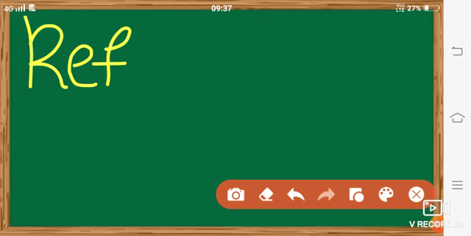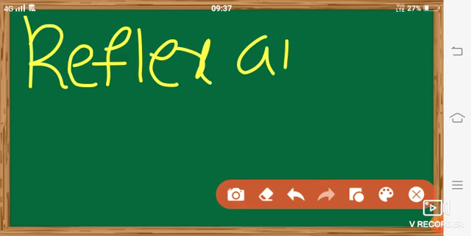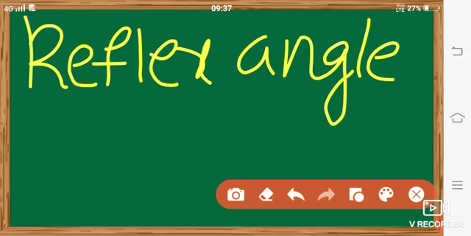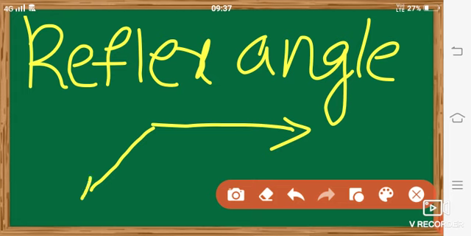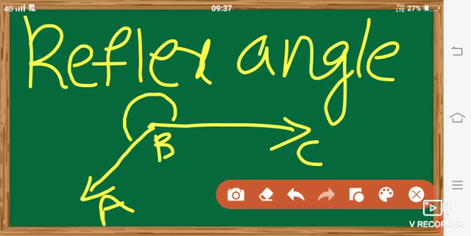Next one is the reflex angle. A reflex angle means greater than 180 degrees. That angle is formed like this. First one is line segment AB, second is line segment BC. Here we observe theta, and here the reflex angle is formed.